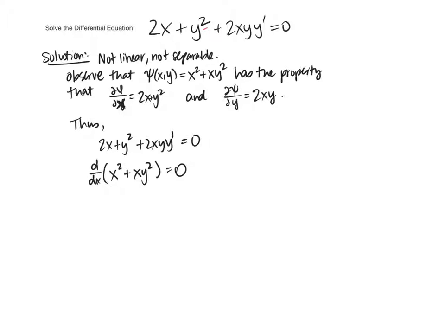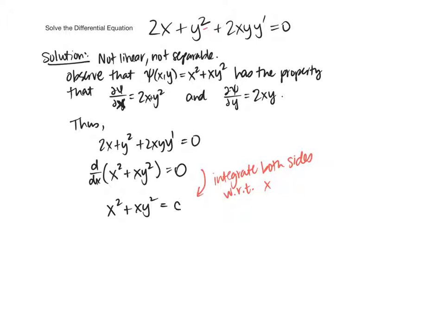And so if I integrate both sides with respect to x, then what do I get? Well, I get x squared plus xy squared is equal to, what's the integral of 0 with respect to x?